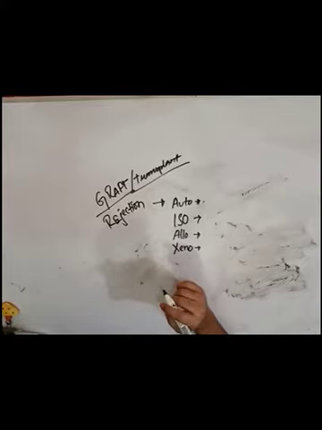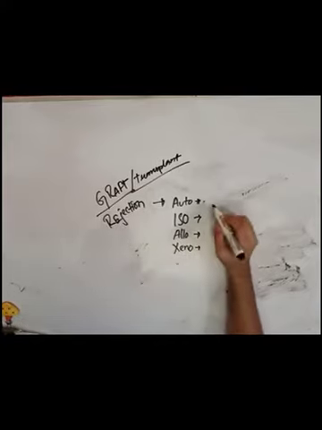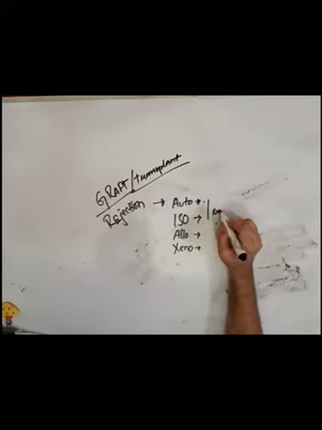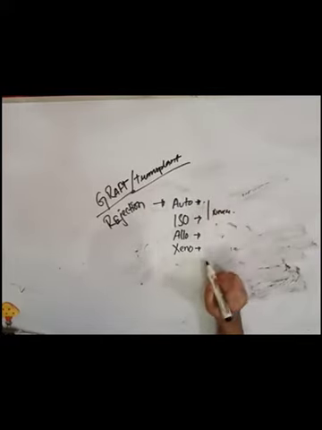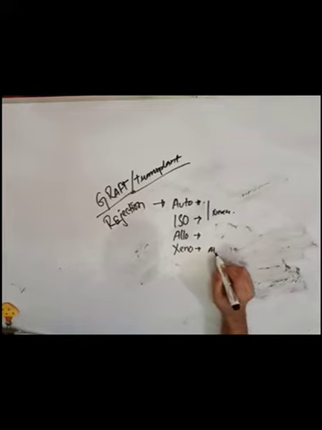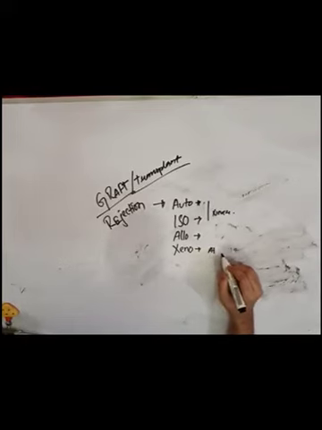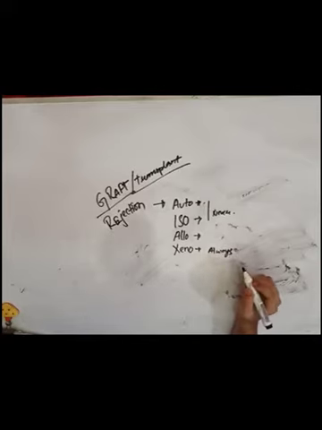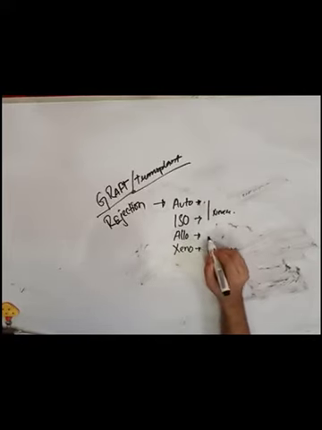Now, auto and isografts are never rejected. A xenograft is always rejected because it's all genetically very different. Always rejected. An allograft is usually rejected.